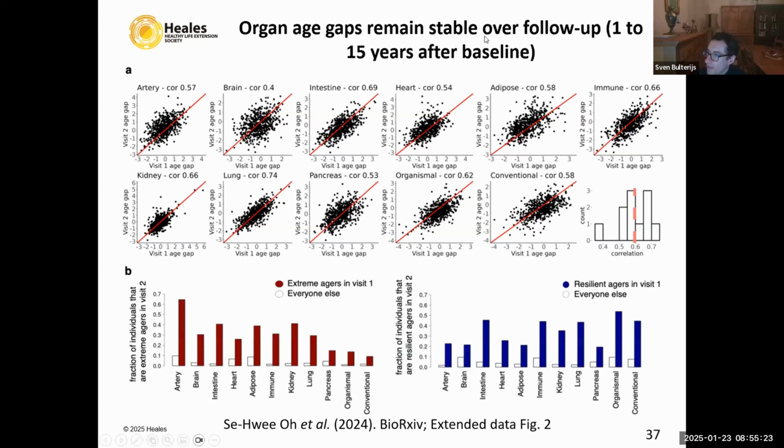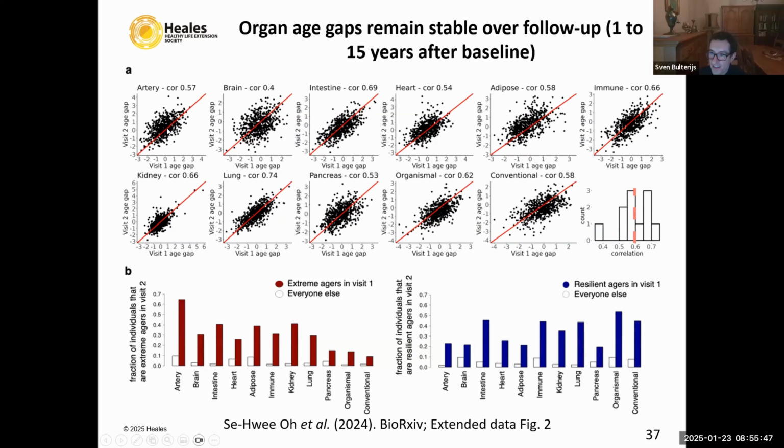Organ age gaps remain stable over a 1 to 15-year follow-up of the baseline. So here you see when people's organ age was measured at the first visit versus the second visit, and it correlates for all these different organ systems. If you are old in an organ at the first measurement, you are still aged a few years later in that same organ.